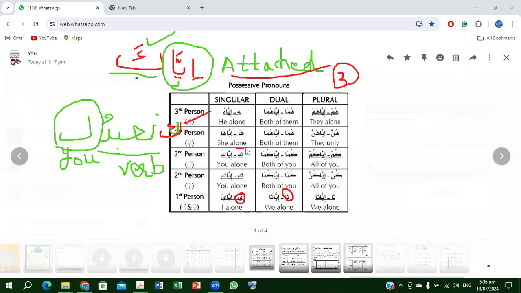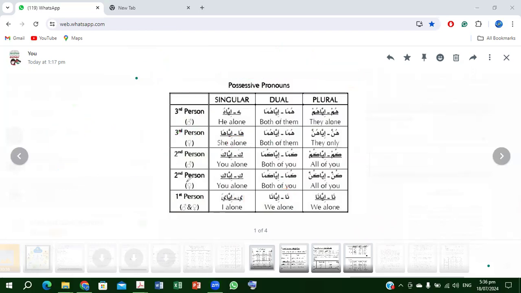Why has this translation of alone come? Because we are giving more emphasis on this, and it will come in the beginning of a sentence, and then the whole sentence will come. Is this clear to everyone? You can give me a thumbs up if you understand this. Okay, Alhamdulillah.